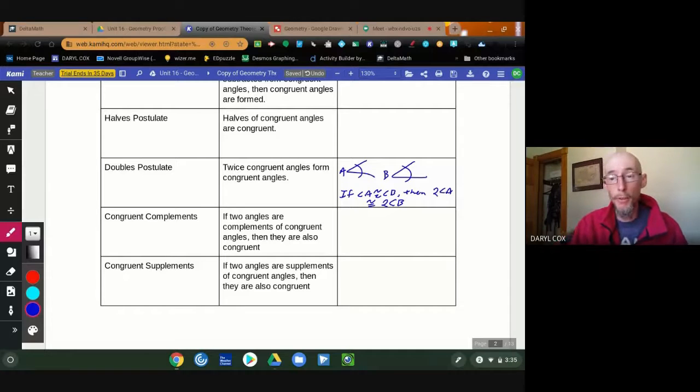So I got 2 angles, and if I double them, then they're going to be congruent. That's really all that's doing. So you want to write down different ways to do that, see different ways to put that all together. So there's some examples. You've got a lot of work to do, and like I said, it's not due till Monday, so work a little bit each day. Okay, see you later.